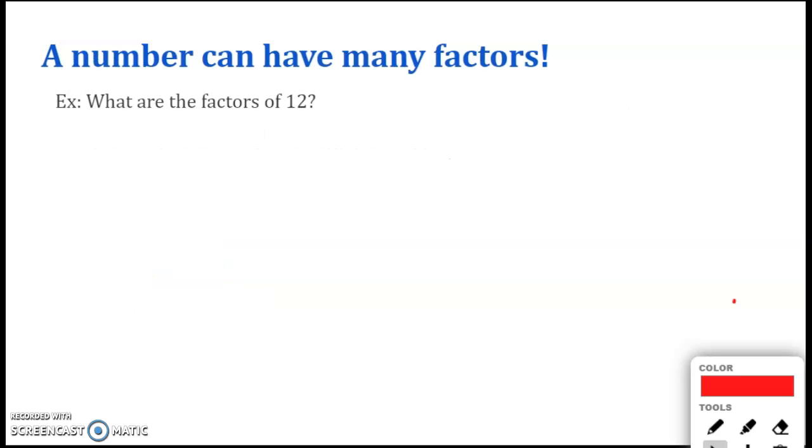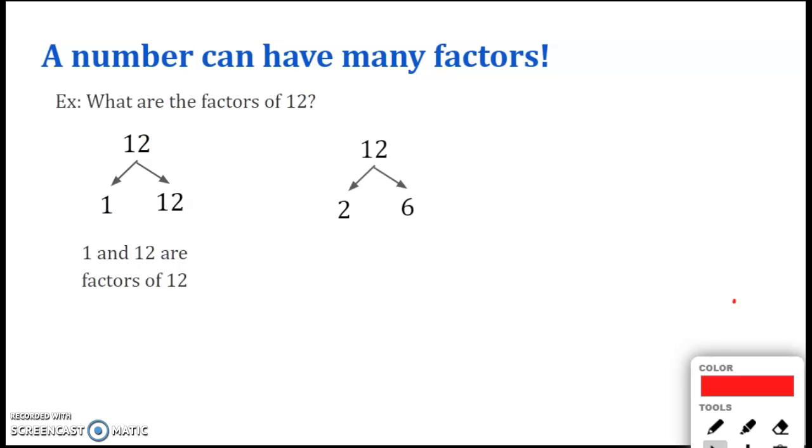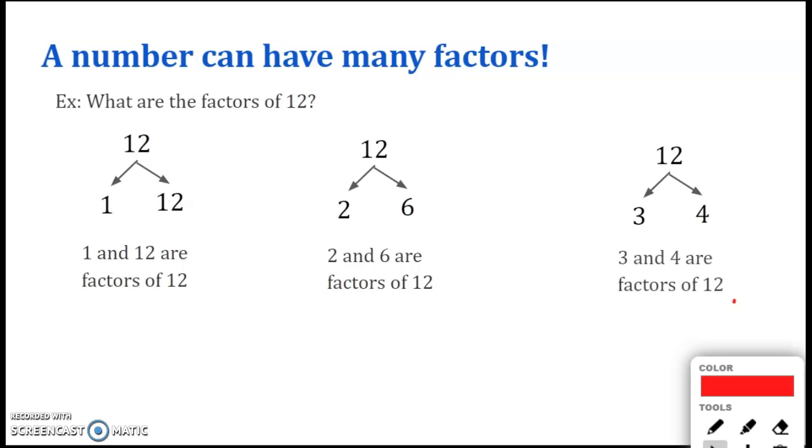For example, if you're looking for factors of 12, 12 can be multiplied by 1 times 12, so 1 and 12 are factors of 12. Or 12 can be multiplied by 2 times 6, so 2 and 6 are factors of 12. And since 3 times 4 is 12, 3 and 4 are factors of 12.